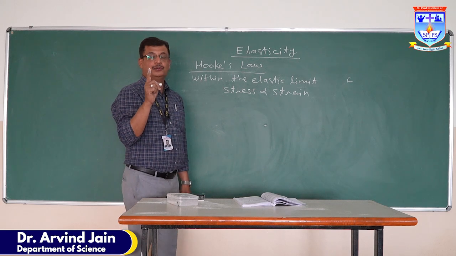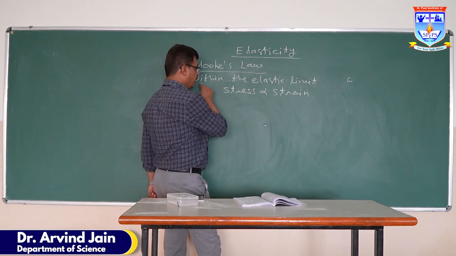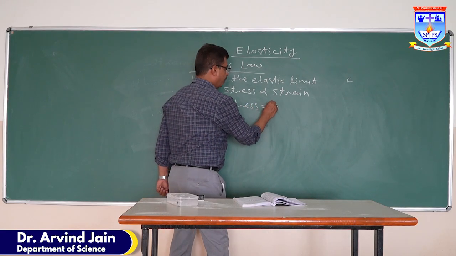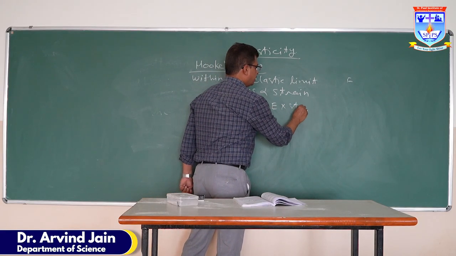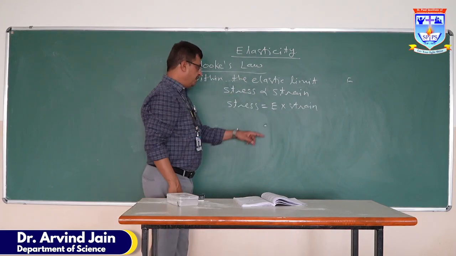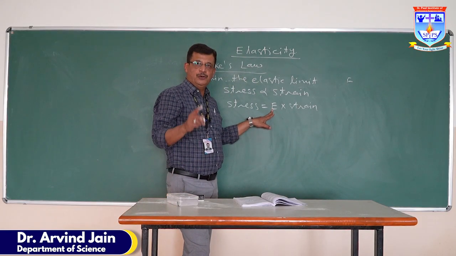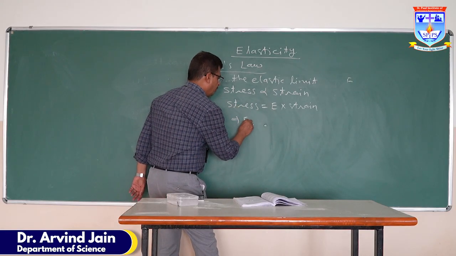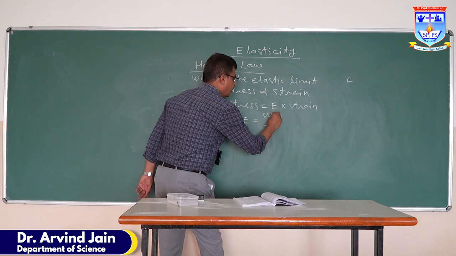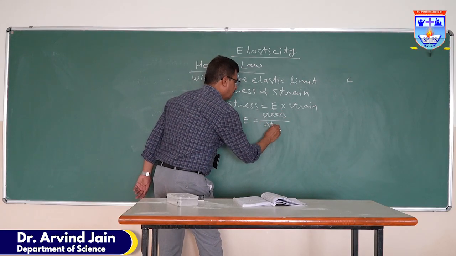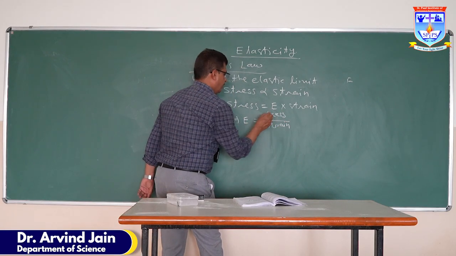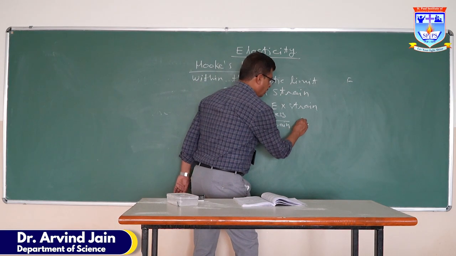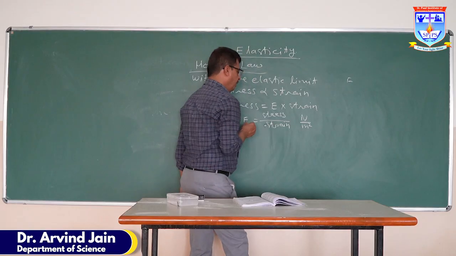Within the elastic limit, stress equals E into strain. Here this constant is called the modulus of elasticity, or E equals stress upon strain. And the unit of modulus of elasticity is also Newton per meter square.